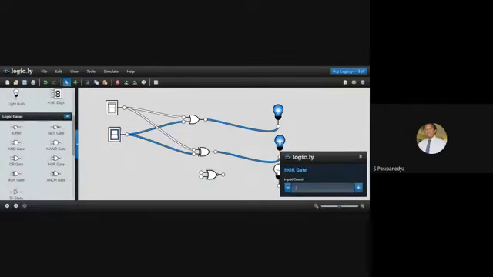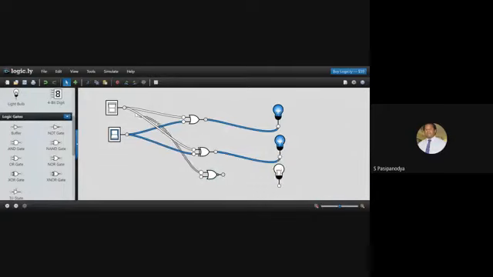Right? For example, as you see on screen, both inputs are false. And the output is what? True.